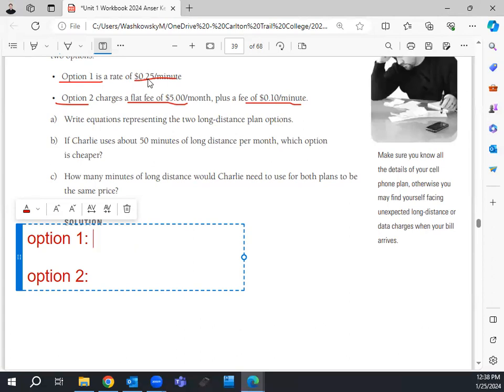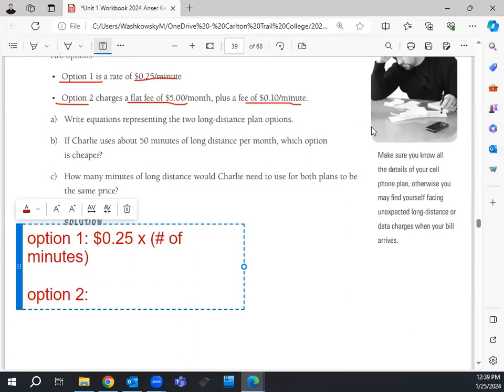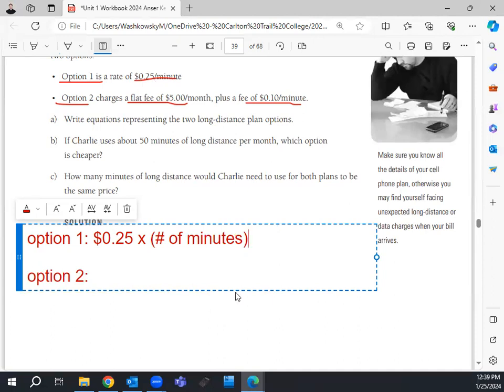So I could use that y equals mx plus b, but let's break it down to plain English for now. Well, can't I just take 25 cents and times that by the number of minutes? Right? Just in plain English, that's what I'm doing, right? If I say, hey, you've been on the phone for 80 minutes this month, well, I just take 80, I times it by 25 cents.